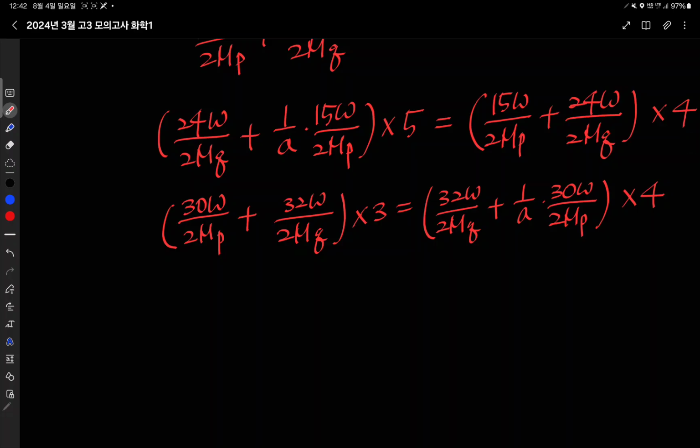Let's open the parentheses in both reactions. For the first reaction, first equation, we can cancel this W. So from the first equation, the first term is 60 over MQ plus 1 over A times 75 over 2 NP.